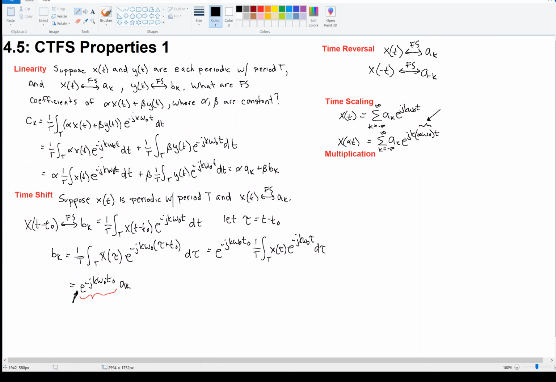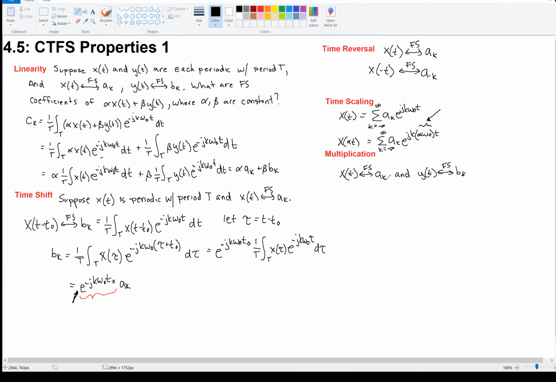For this video, lastly, we can say, again, suppose x of t has Fourier series coefficients ak and y of t has Fourier series coefficients bk.